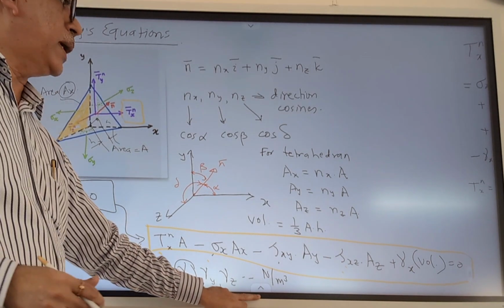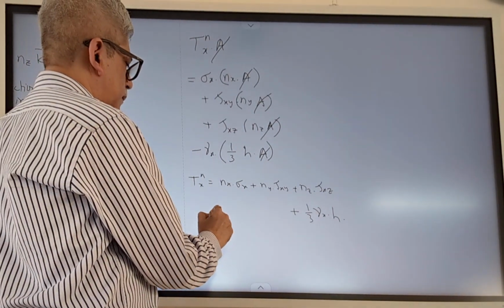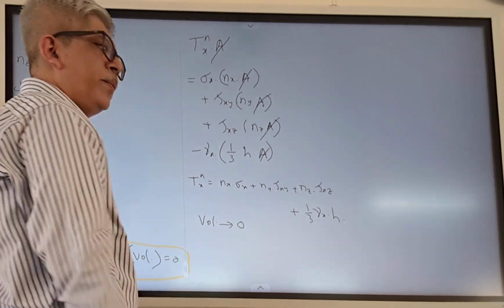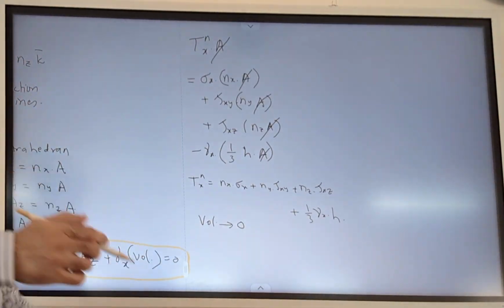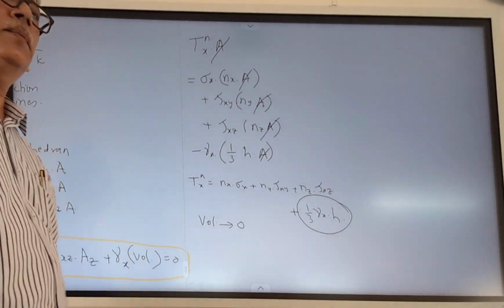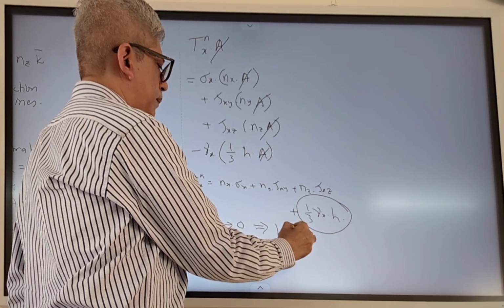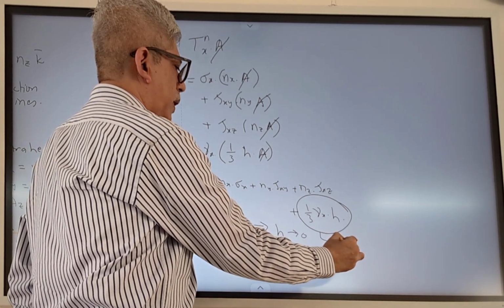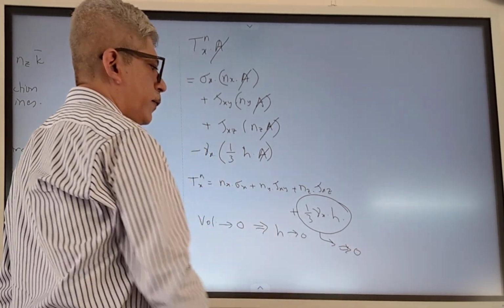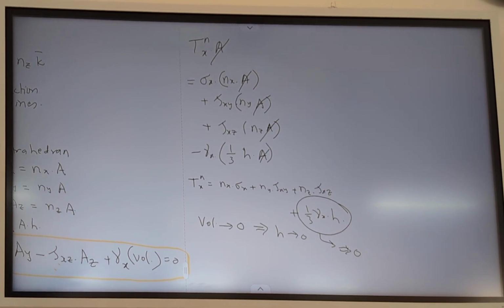So what we are assuming here is that the volume is very small. Volume tends to 0, which also means, what will happen to this particular term? H will also tend to 0, which means that this particular quantity will also tend to 0. So the body force term, although it exists at finite volume of the tetrahedron, vanishes as you start shrinking.